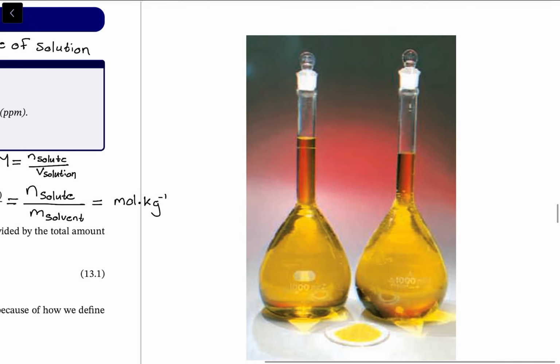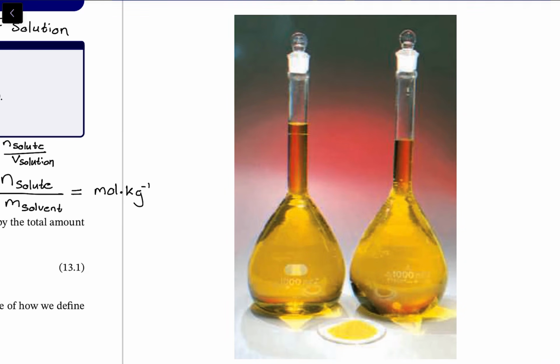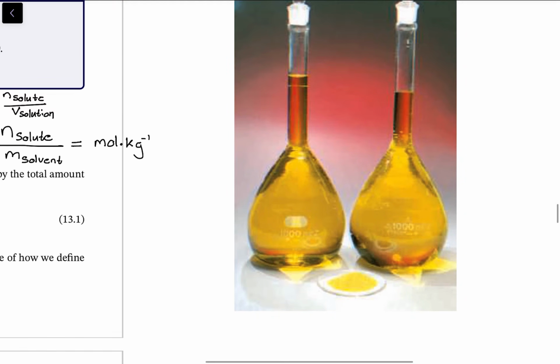I have a little image here that perhaps assists us. So let's say, for example, you take the same amount of solute. So this is 0.100 mole potassium chromate, and you dissolve that in two different amounts of water.